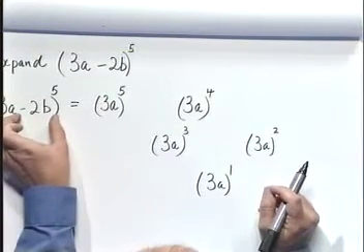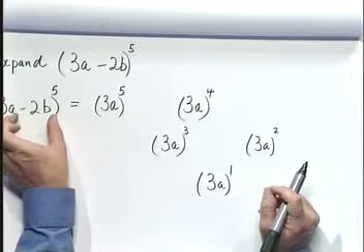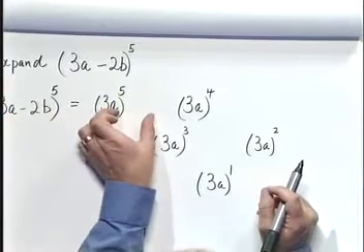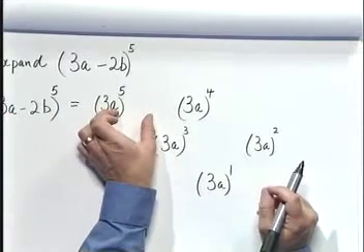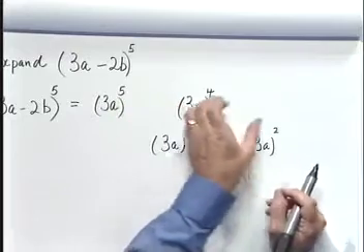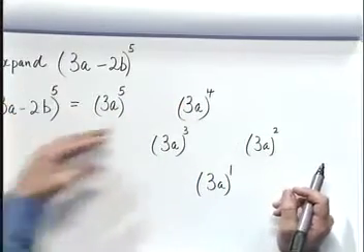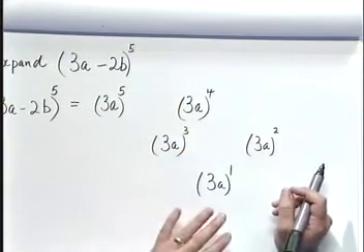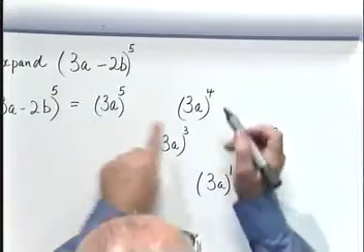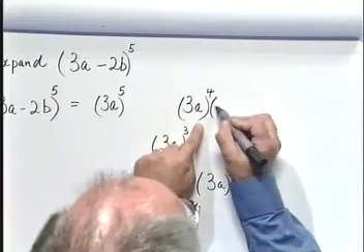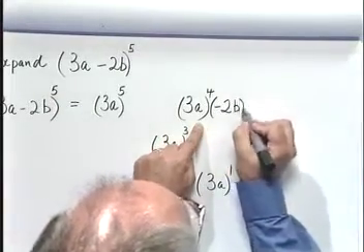Let's deal with the minus 2b now. In the first term here, there won't be any minus 2b's at all, but thereafter, the powers of this term will increase as we move from left to right, exactly as before. So when we get to the second term here, we'll need a minus 2b.